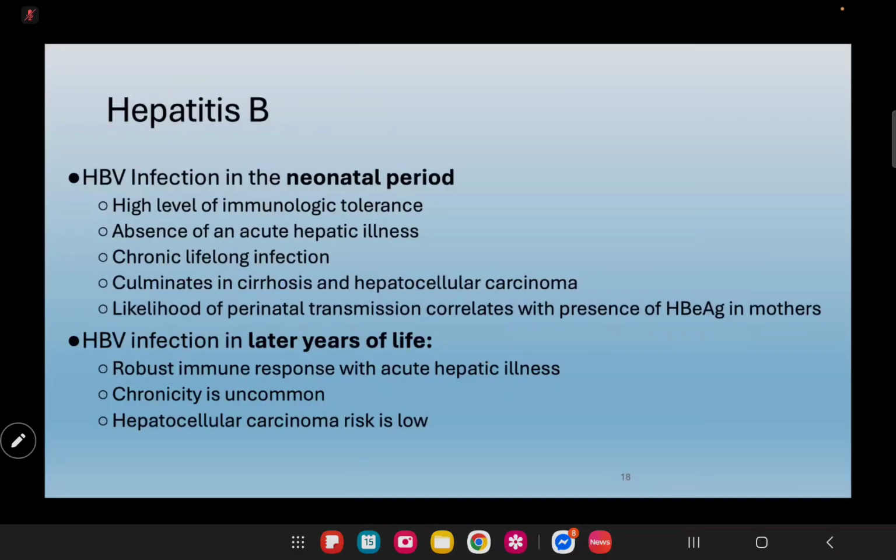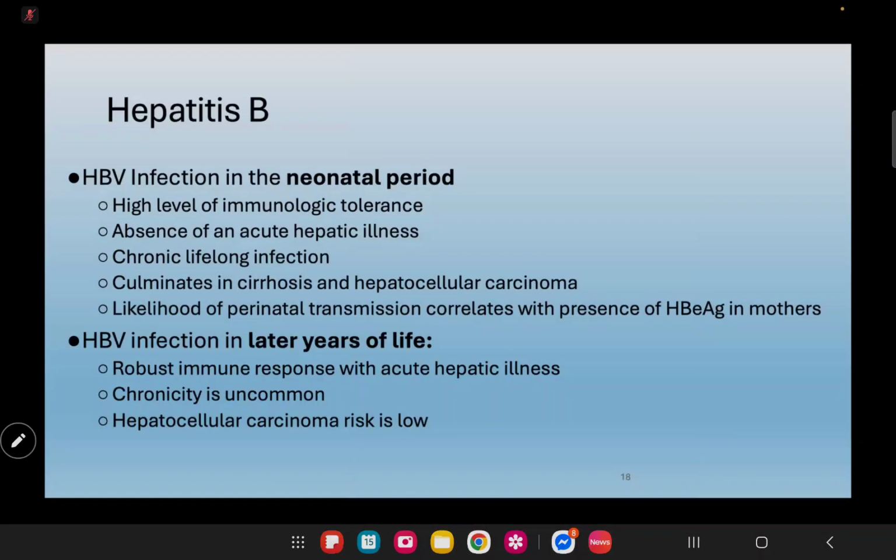Infection with hepatitis B in the neonatal period has unique characteristics because of the immature immune response. Neonates, the newborn, exhibit a high degree of immunologic tolerance to the virus. Consequently, they do not develop acute hepatic illness, but rather become chronic carriers, often for life.